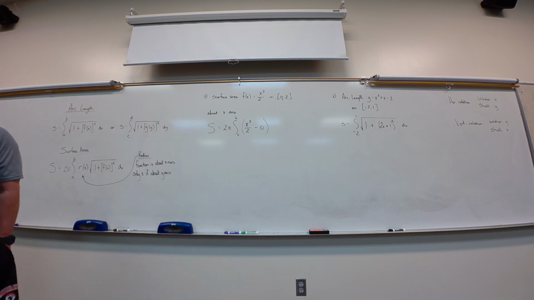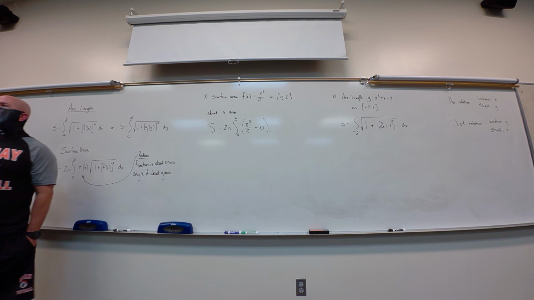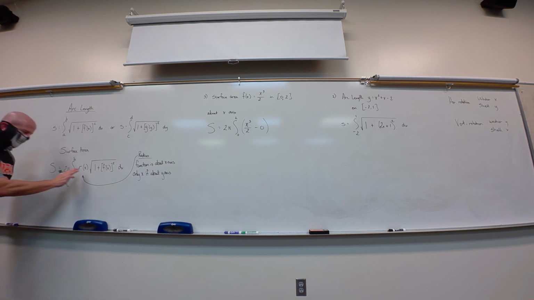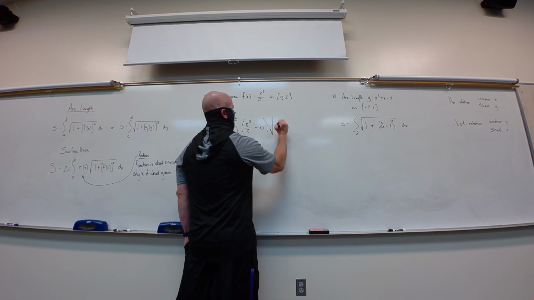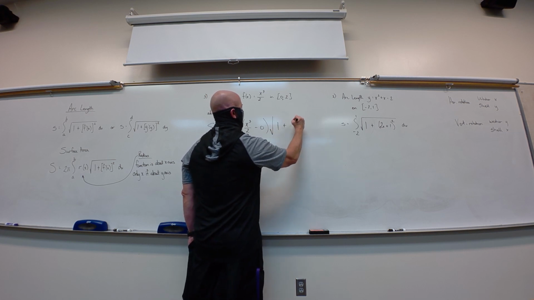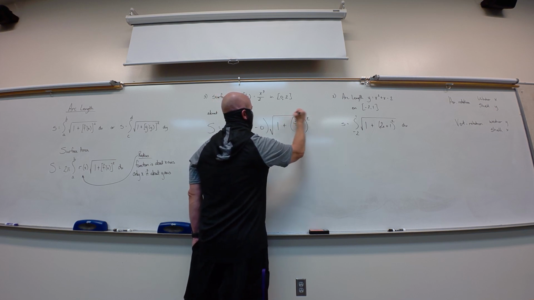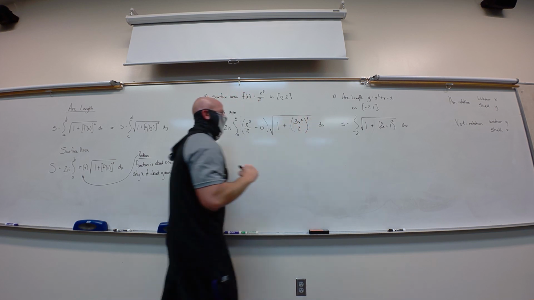We've talked about this before. You don't need it. The book doesn't show it, but it does happen sometimes. It can change from a 0. So in the beginning, it's good to have it there. Now here comes the arc length: square root of 1 plus (3x squared over 2) squared dx.